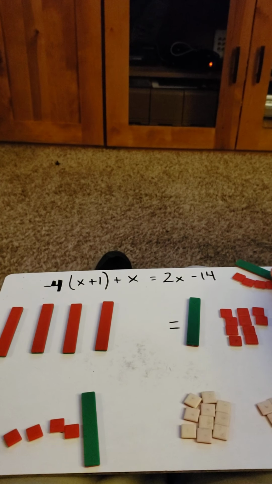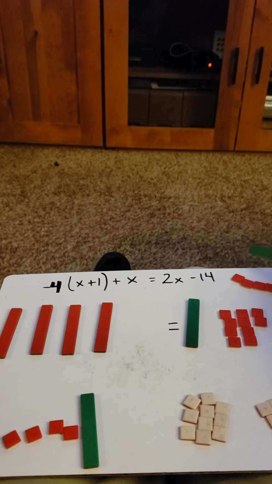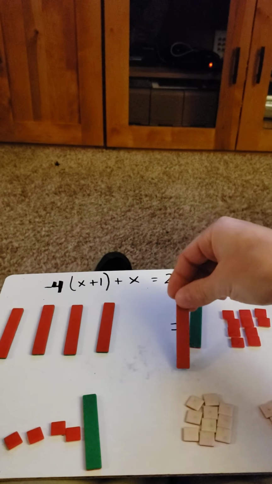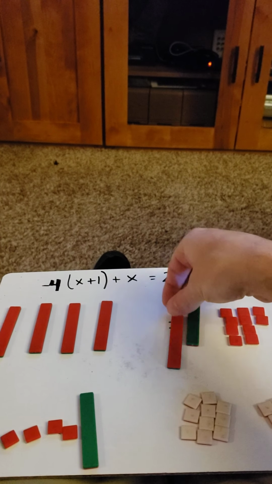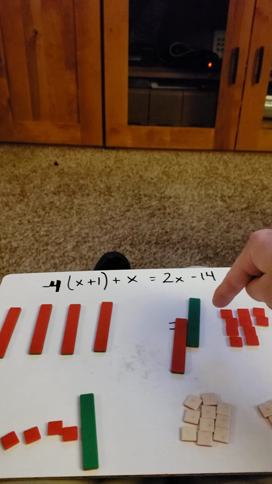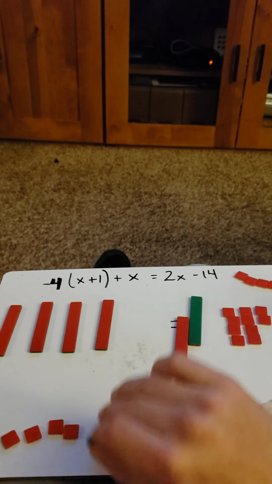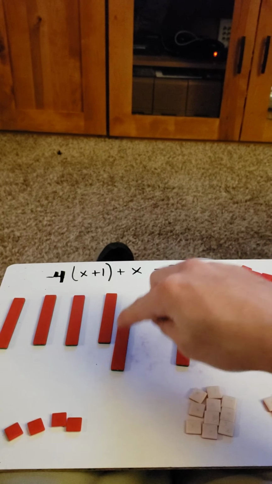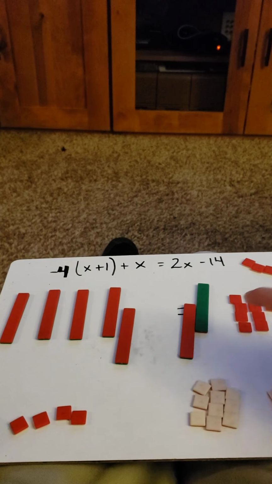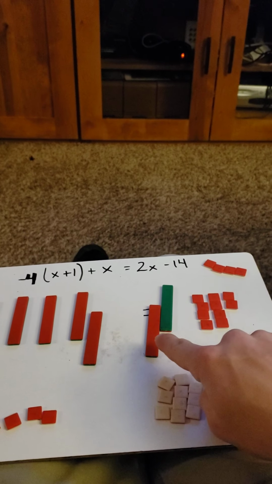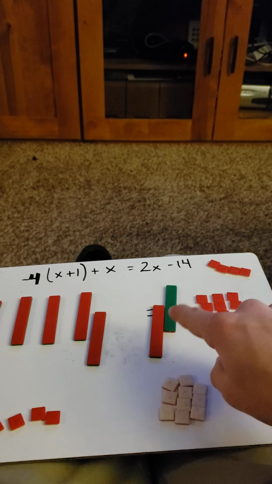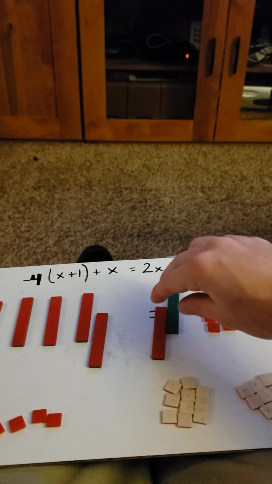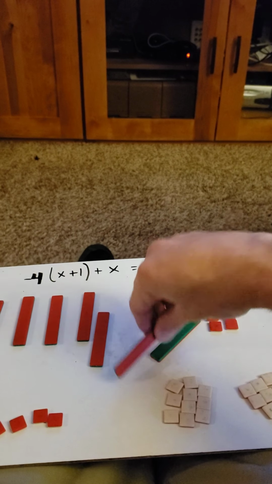So if we take one of these and make it a negative and slide it right here beside this positive, then we have to do the same exact thing to the other side. So there's another negative x. Then this negative and this positive is actually 0, so we can cancel them out and take them off the board.